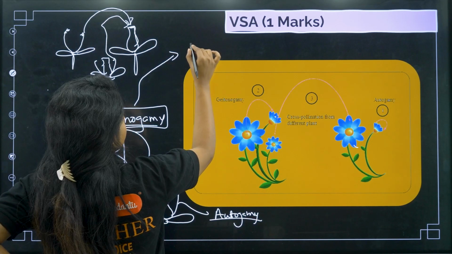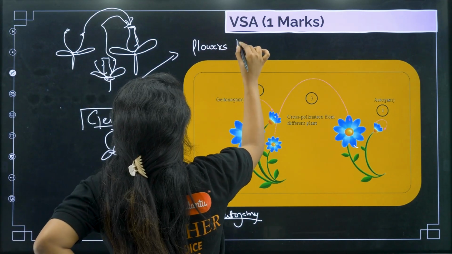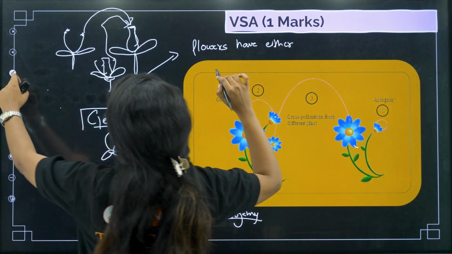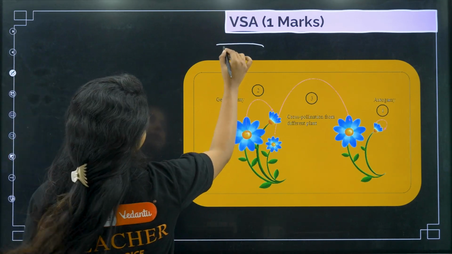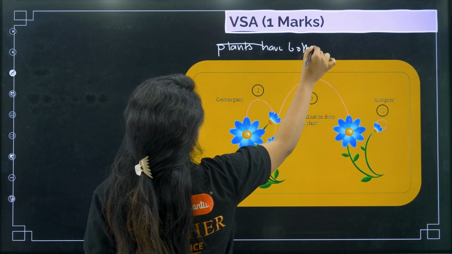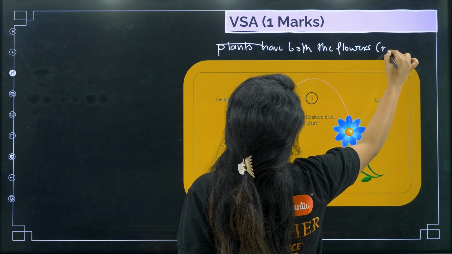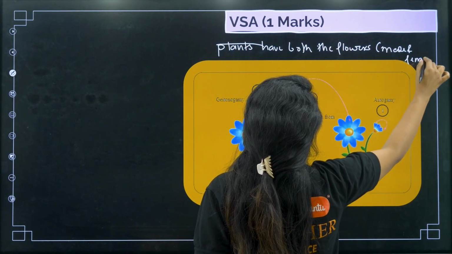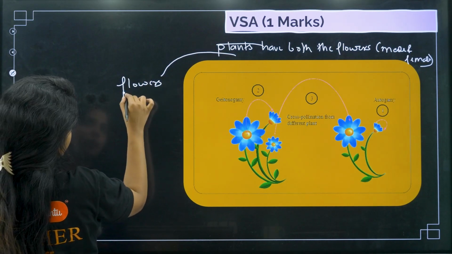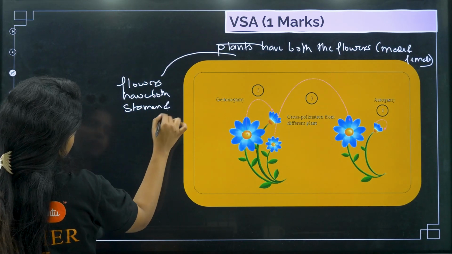Geitonogamy happens when flowers have, or basically I'll just write okay, plants have both the flowers, male and female, or when flowers have both stamen and pistil.